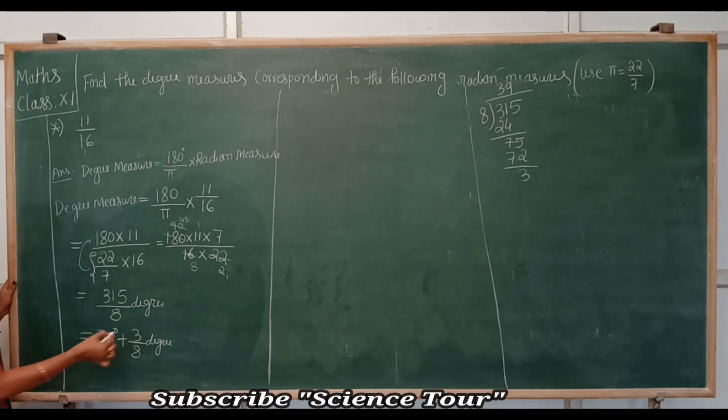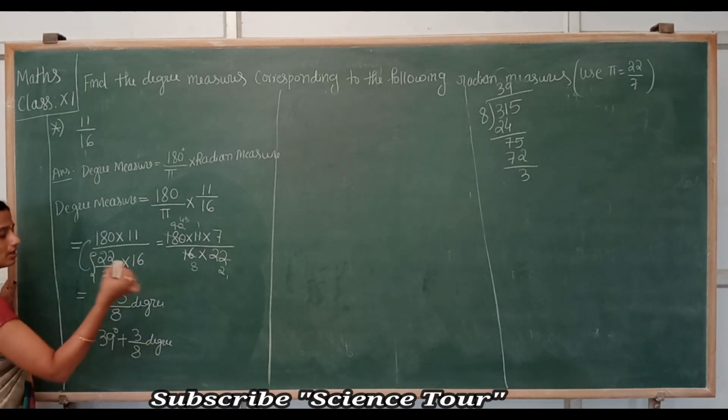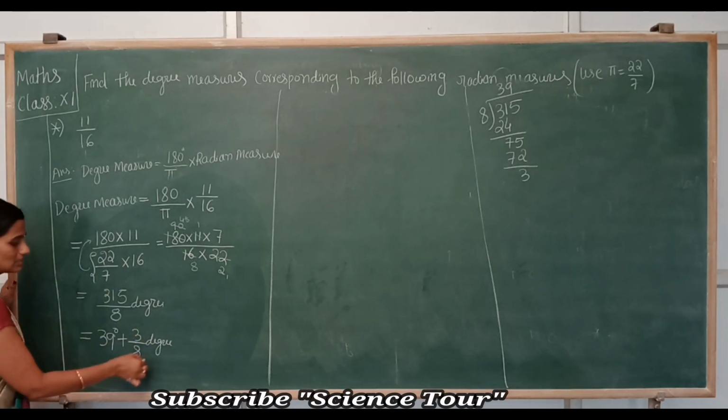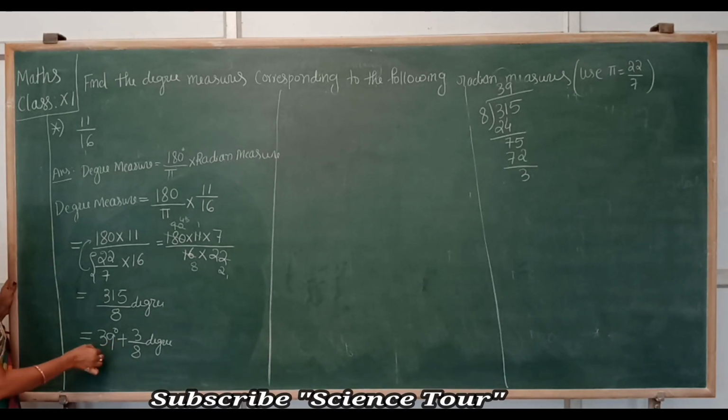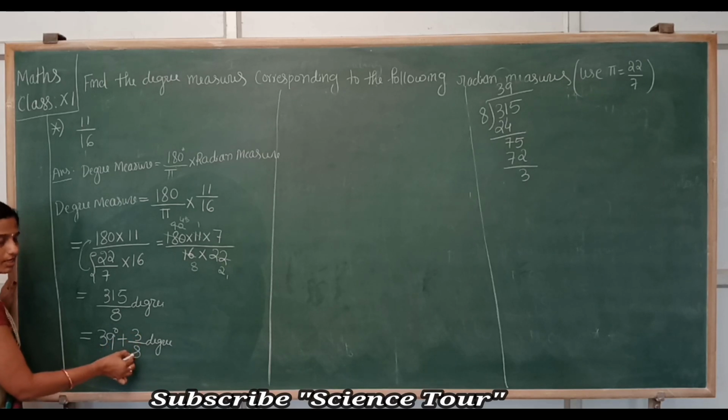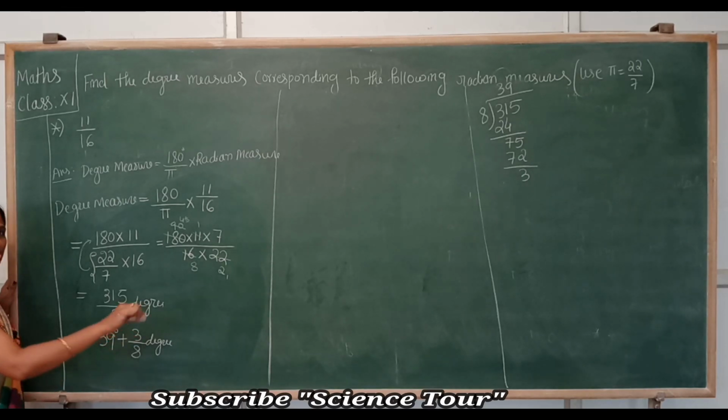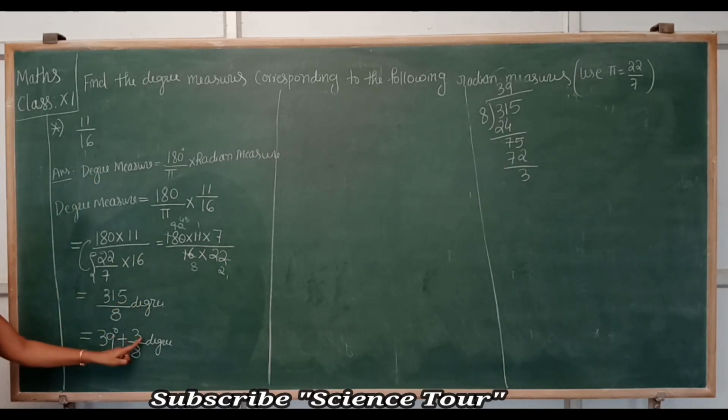Correct? Yes. Now this fraction should be converted. This is the integer part, that means the whole number. This is the fraction. That fraction should be converted to minutes. So how to convert this to minutes?